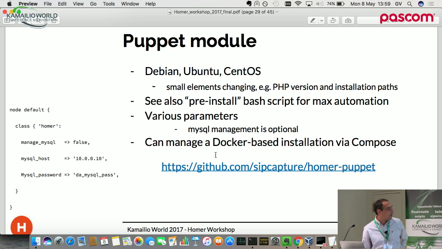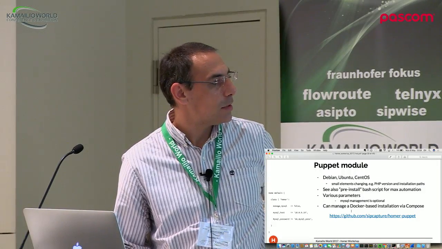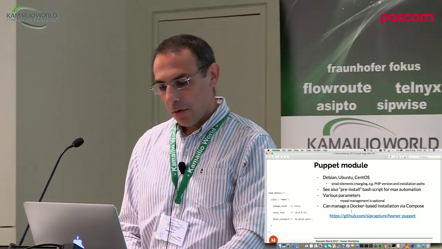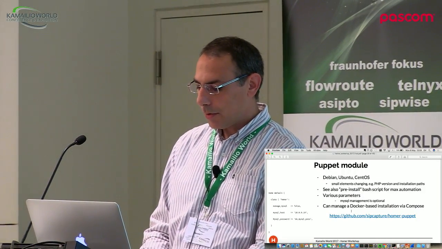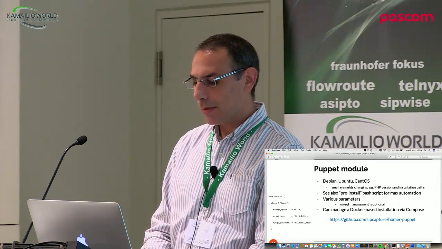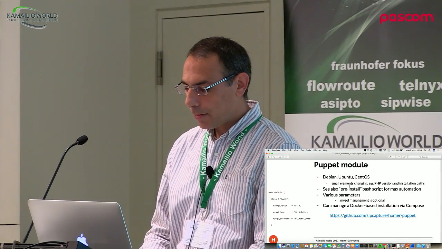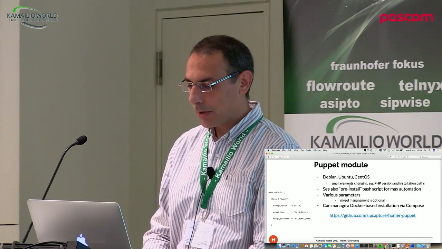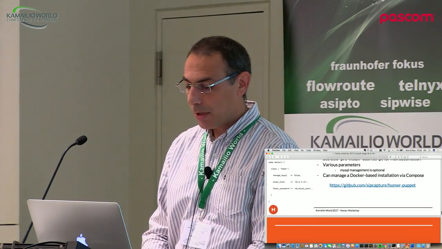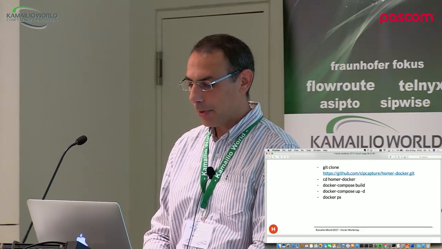You basically define a user ID and password for, well, even just the host and the password for the Puppet module, and it will install everything for you. The advantage of this is that it provides support for Ubuntu as well, and it's very easy to customize and maybe reuse quite easily in your platform if you're already using Puppet.